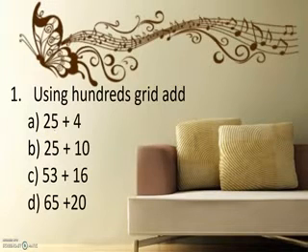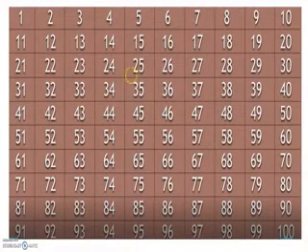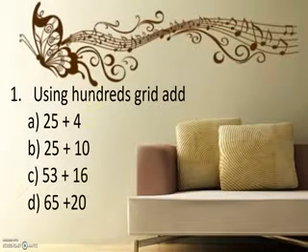Let's see how we can do that. 25 is the number, and we have to add 4 ones to 25. To add ones, we move forward. 1, 2, 3, 4. So the answer is 29. 25 plus 4 is 29.